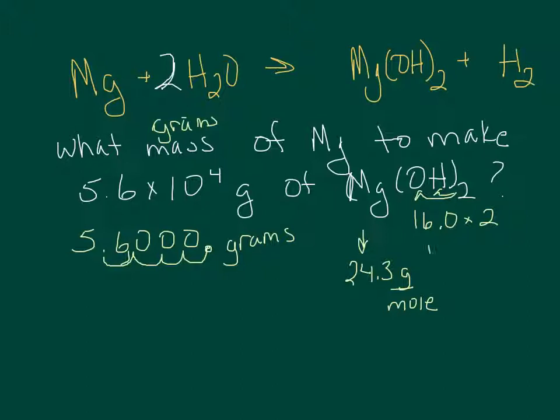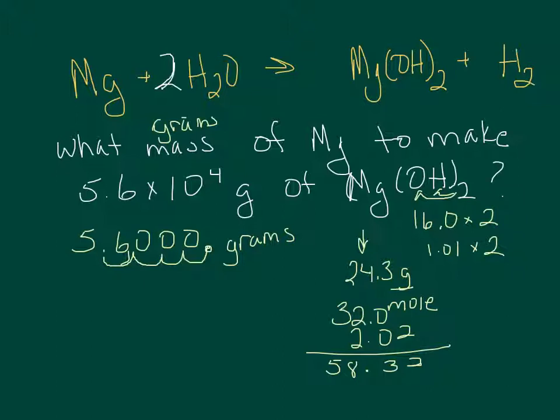Hydrogen is 1.01, and I also need to multiply it by 2. Now, multiplying this out, I have 32 for our oxygens and 2.02 for hydrogens. Let's add all this up. 58.32.